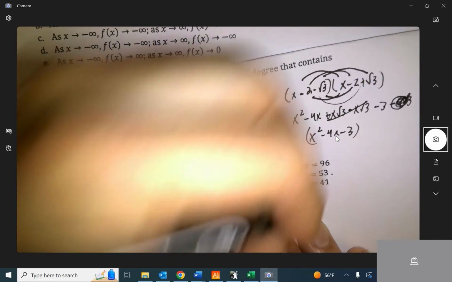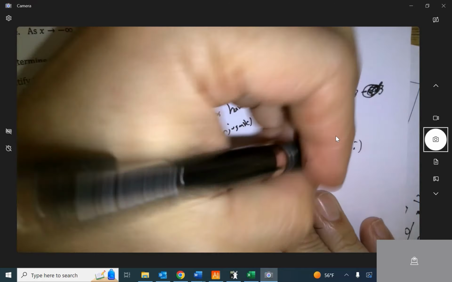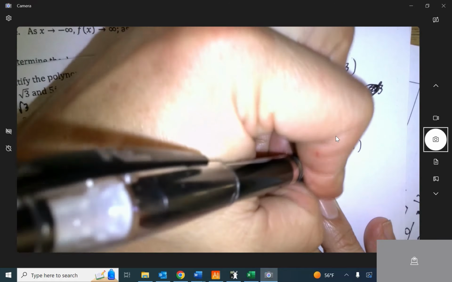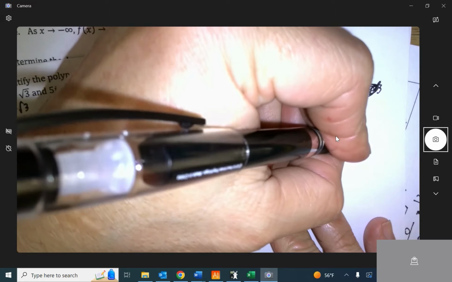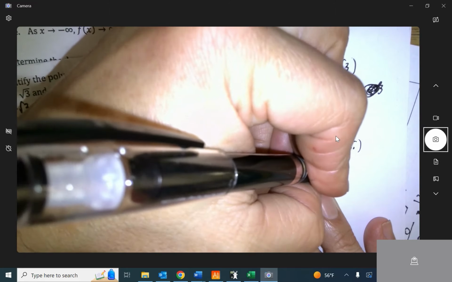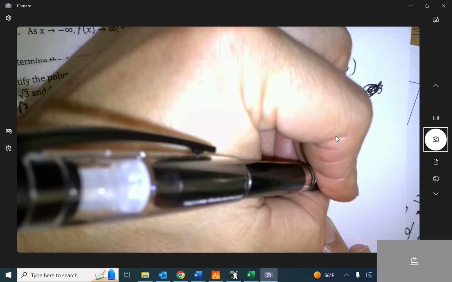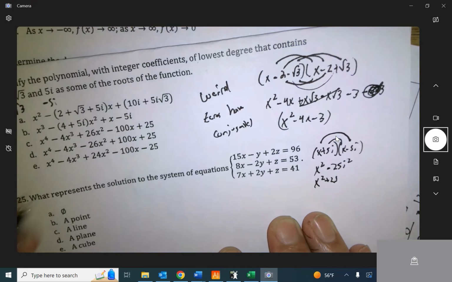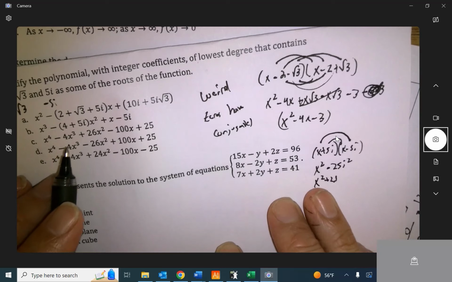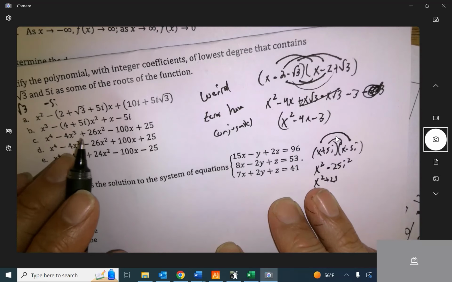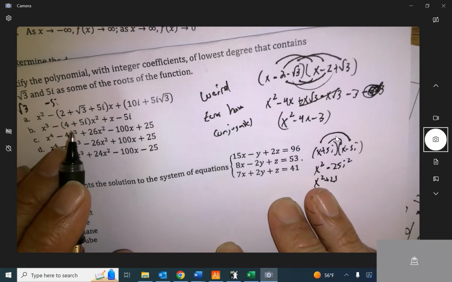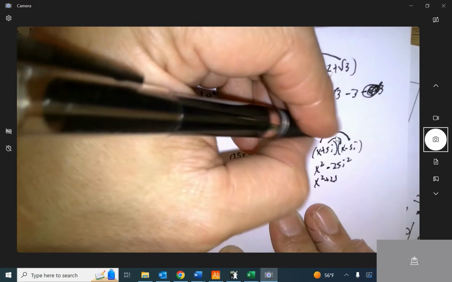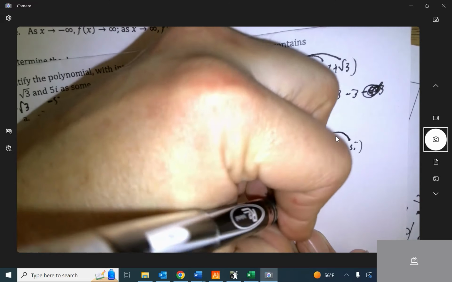Writing out the other factors, you would have x plus 5i and x minus 5i, which really works itself out nicely, because you'll have x squared plus 5ix minus 5ix and then minus 25i squared, which you know is positive 25. And does that give us enough information here? So let's take these two guys, x squared minus 4x.